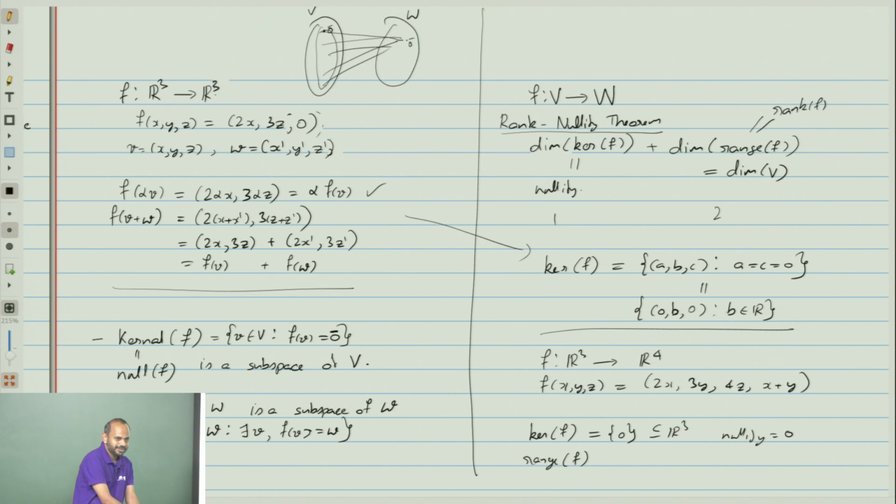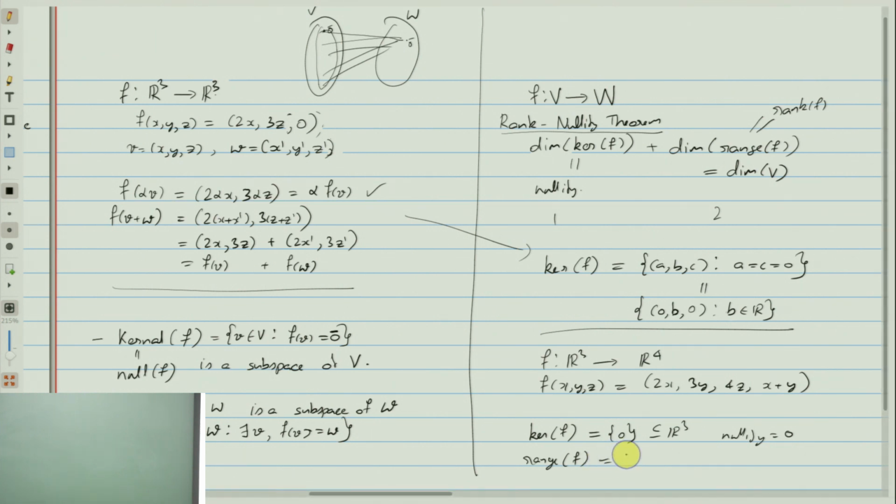The range, by definition, is a subspace of W. It's exactly the definition we have in functions: a set of elements in W such that there is some input which maps to that element. The range definition is the same, only the input is vectors.